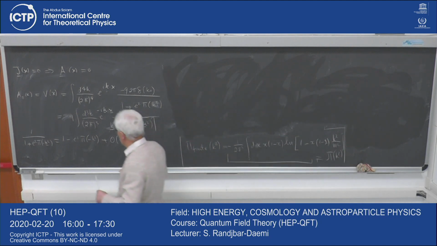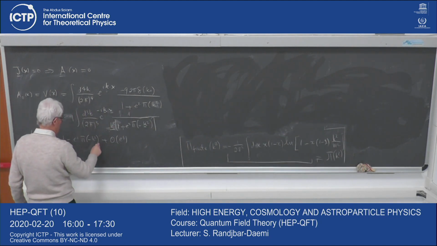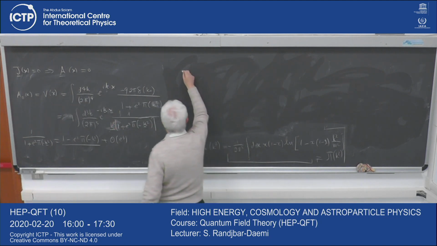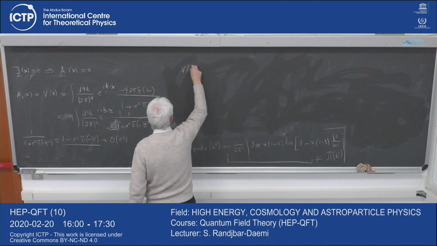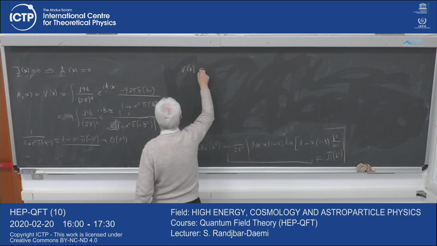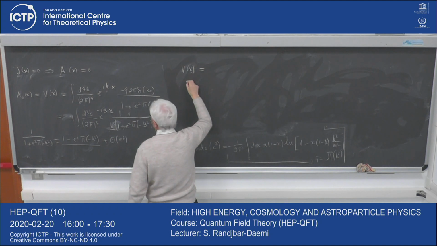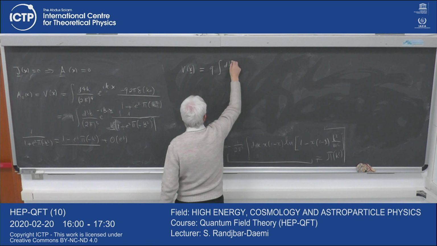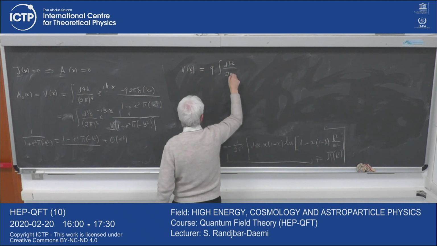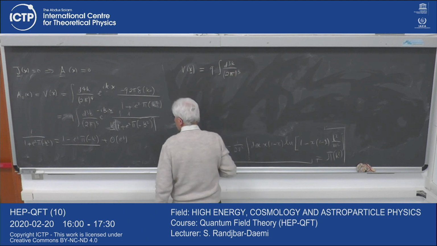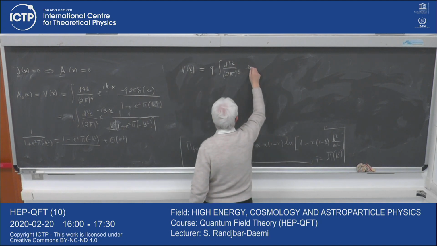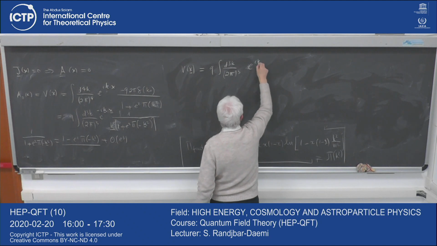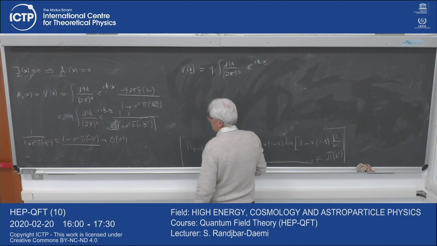So we are going to replace this 1 over 1 plus e squared pi by this expression. Therefore, V of x, which is the same as A0, is Q, d3k over 2 pi cubed, exponential of i k delta x.